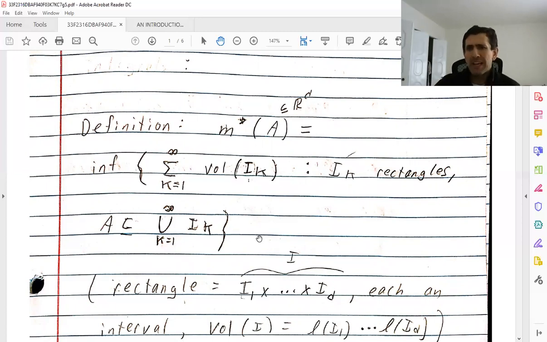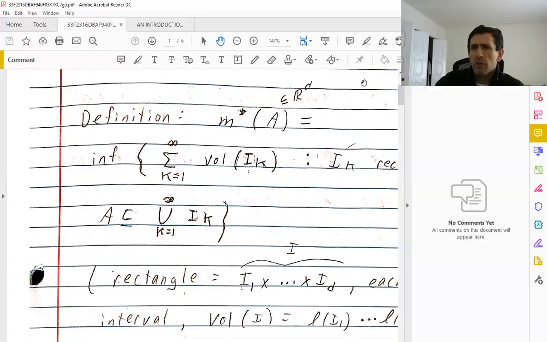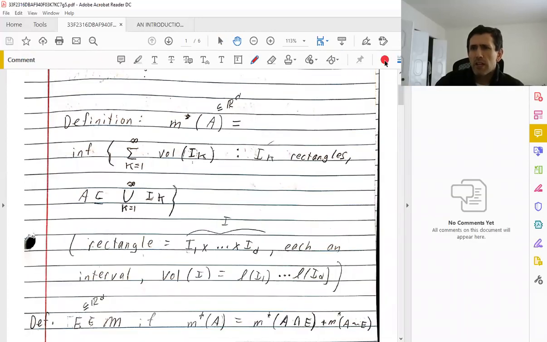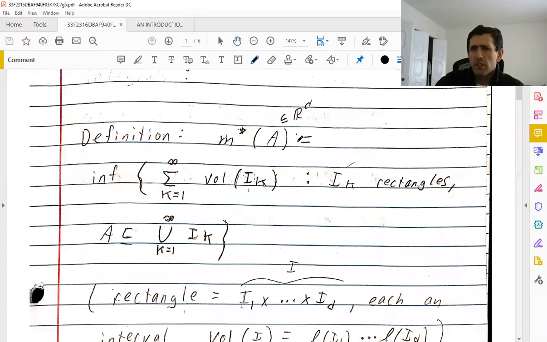And the volume, by definition, well, it's not very subtle. It's just the product of the lengths of the intervals. Not that there's any ambiguity, but I'm going to throw in a bunch of double dots here just to emphasize we're doing definitions here.